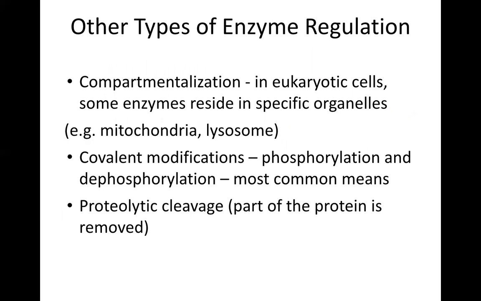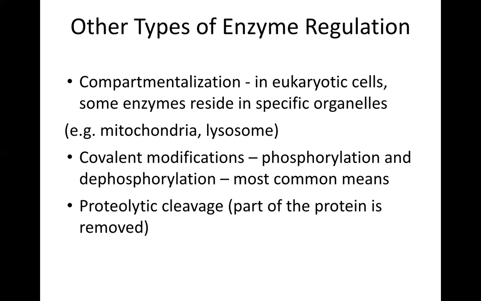And if you don't want the chemical reaction to happen, you don't transport the substrate into the lysosome. You leave it in the cytosol. But if you want the chemical reaction to happen, you transport that substrate into the lysosome where the enzyme is. So the enzyme is going to sit in the lysosome with no substrate present unless you want the reaction to happen.